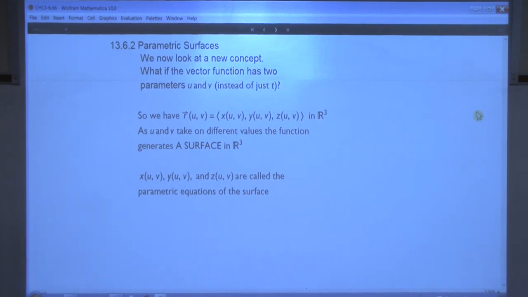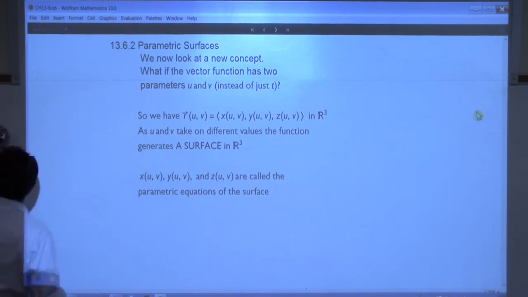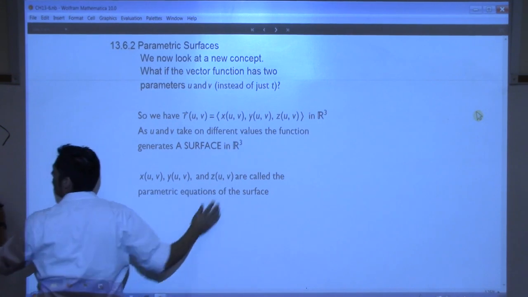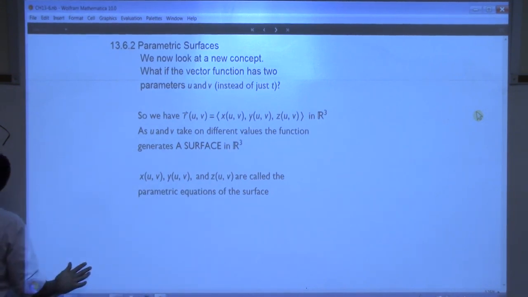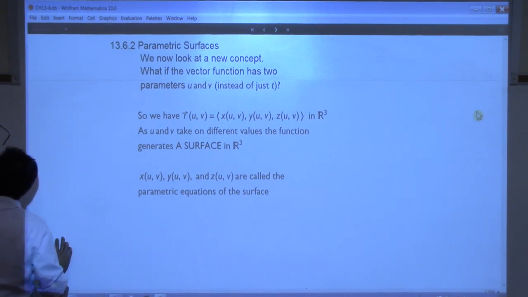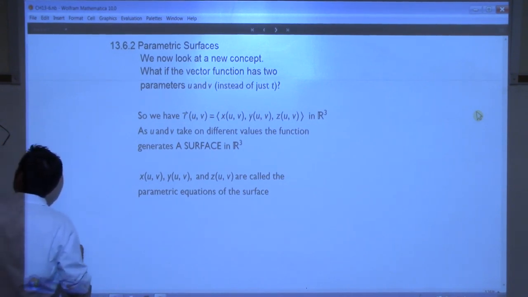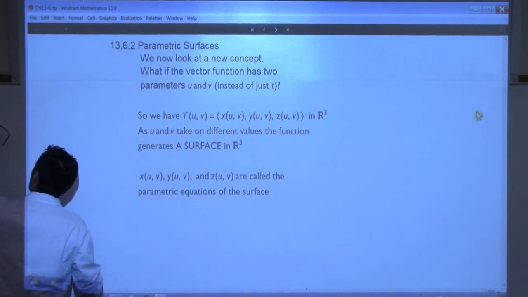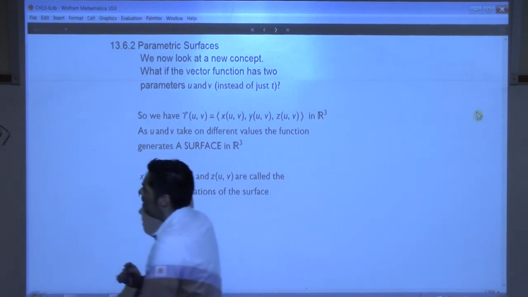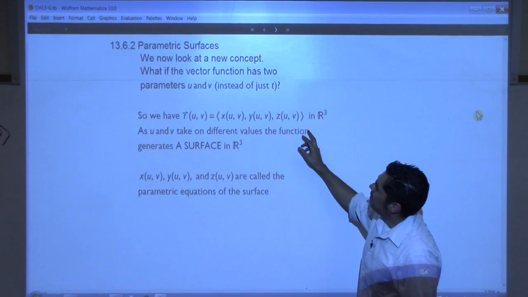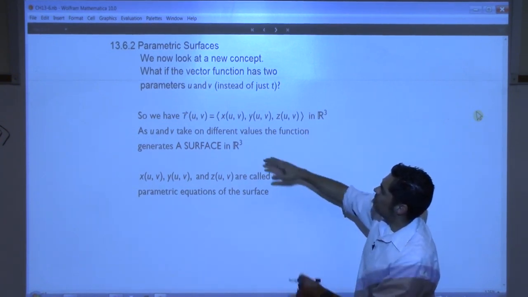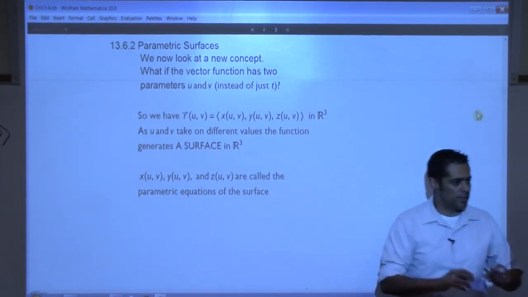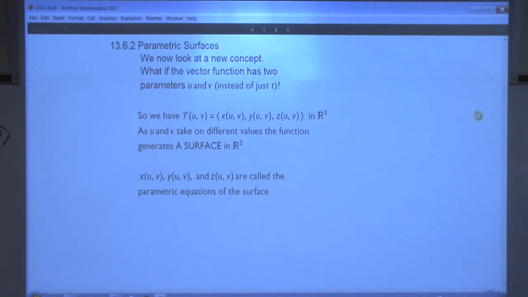If we have 2 variables being plugged in, and then a 3-dimensional vector, where the x somehow depends on u and v, the y somehow depends on u and v, and the z somehow depends on u and v, then if you define it that way, and you put some domain restrictions on u and v, then you will draw a surface in 3-dimensional space.